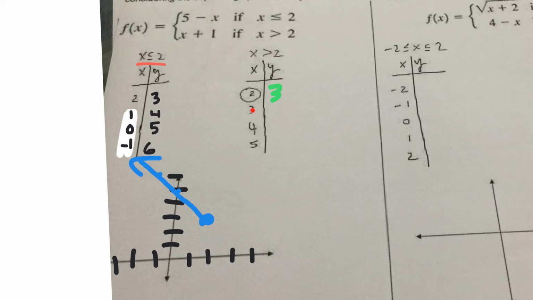Now again, 3, which is bigger than 2, would go here. 3 plus 1 would give 4. 4 plus 1 is 5. 5 plus 1 is 6. So I graph those points. So I go to 2, 3, which is a shared point, right? So we put an open circle. It's actually in the exact same point this time. Again, that doesn't always happen, but this time it did. And then we go to 3, 4.